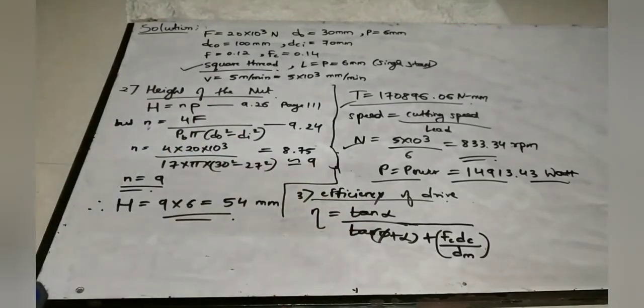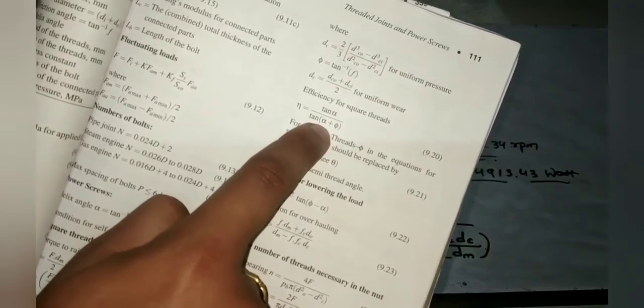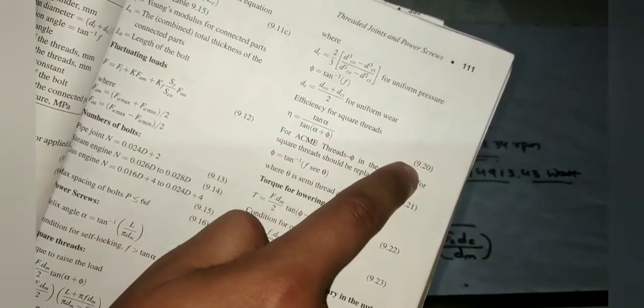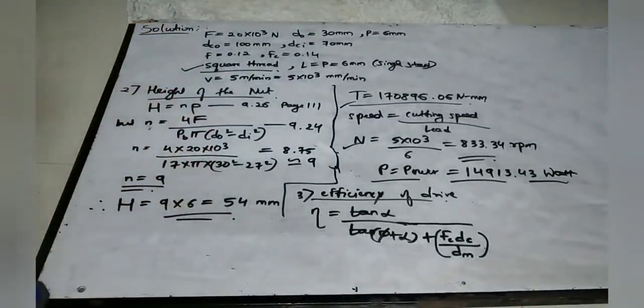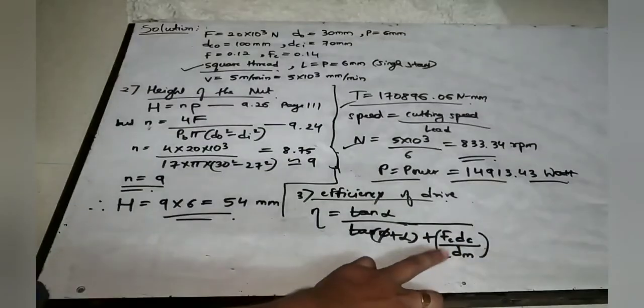So let me show you that one. So here, efficiency for square threads. So this is without considering collar friction. This we have in the data handbook and we have derived this. But if you are including collar friction, then for efficiency, this extra term is not there in the data handbook, so that you have to remember.